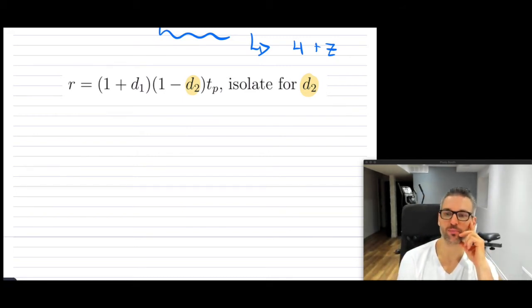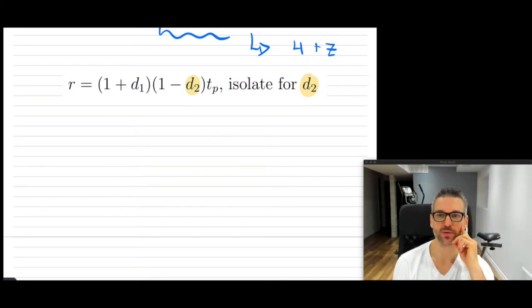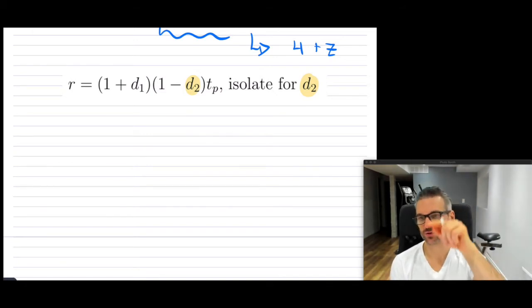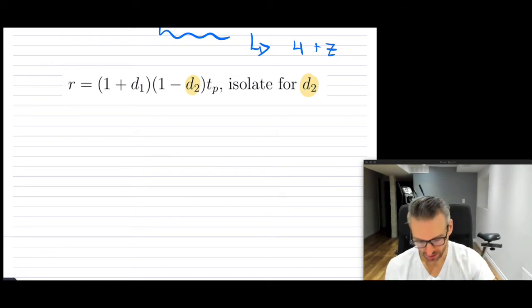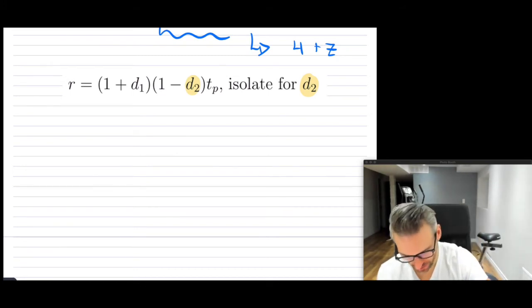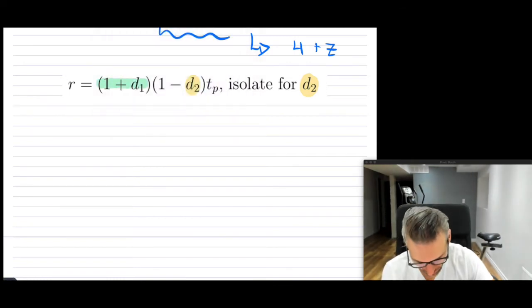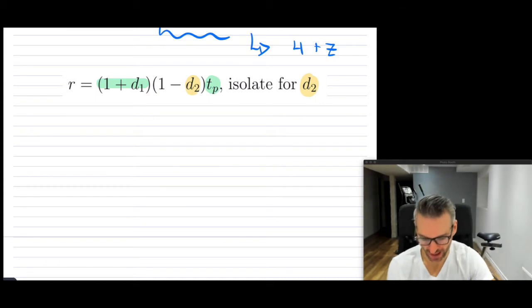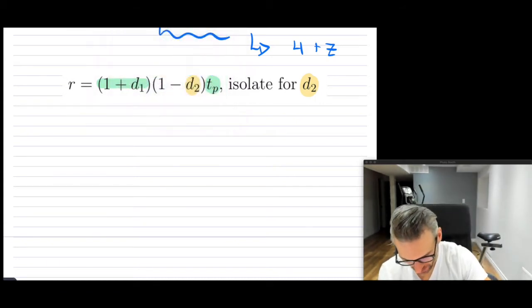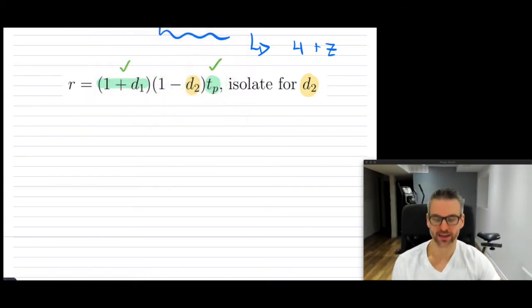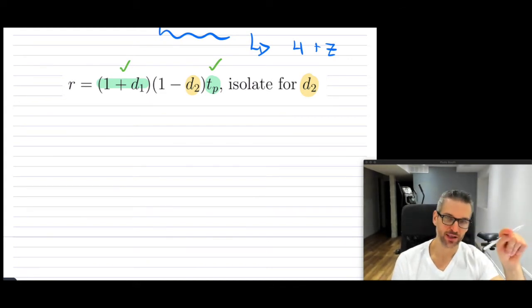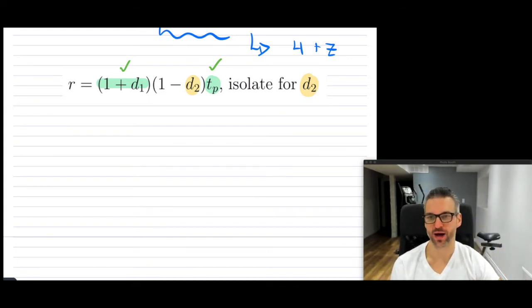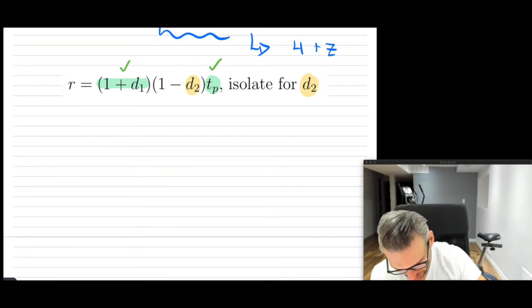Now, I do have brackets here, and sometimes people might get tempted to start trying to get rid of the brackets. But notice that my unknown is only in one bracket, which means these are two factors that I have. These two factors I can actually get rid of. I don't have to distribute it inside of that bracket. So what I'm going to do is divide both sides.